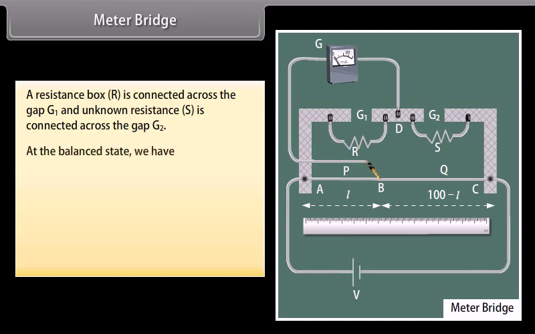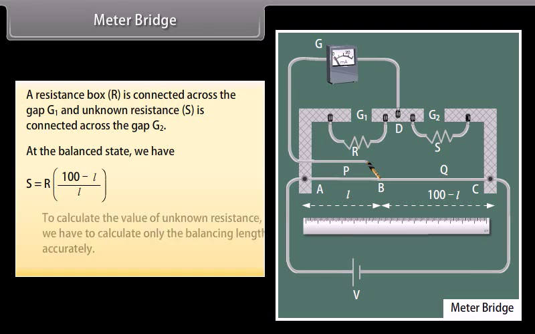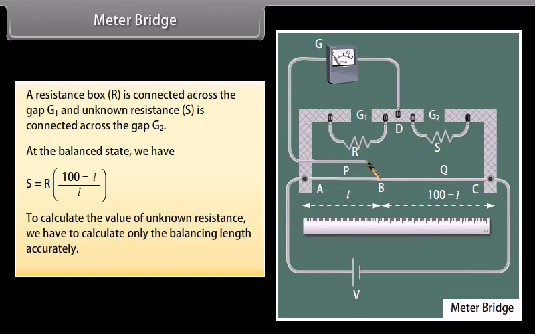At the balanced state, we have S equal to R times (100 minus L) upon L. To calculate the value of unknown resistance, we have to calculate only the balancing length accurately.